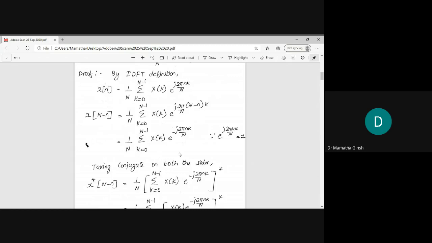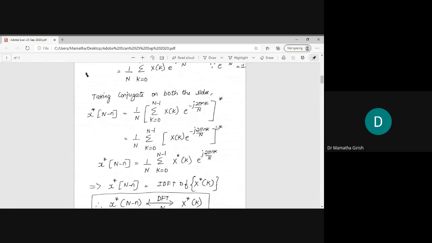Just similar to the previous derivation, whenever I had this term N both in the subscript and superscript, the term tends to 1. If it is so, the term I am left with is just e to the power of minus j 2 pi nk by N. What am I interested in the next step? Take the complex conjugate on both sides.